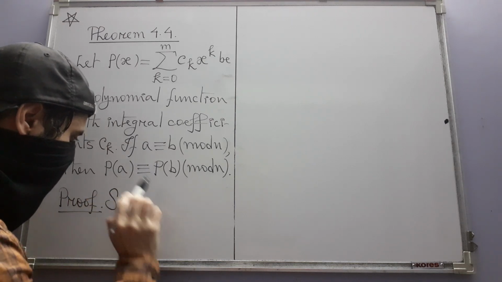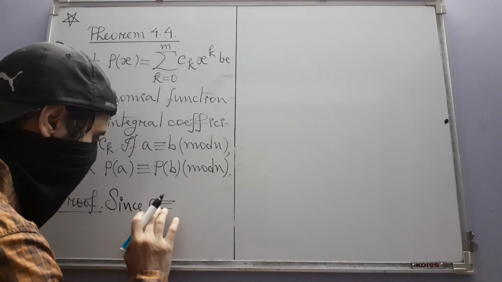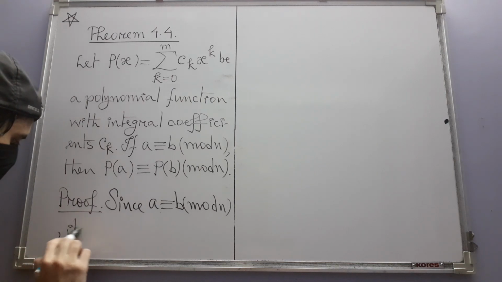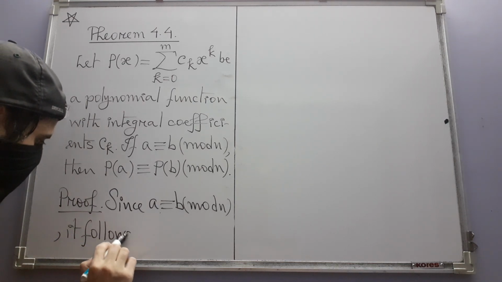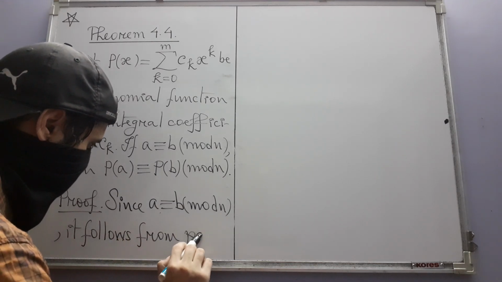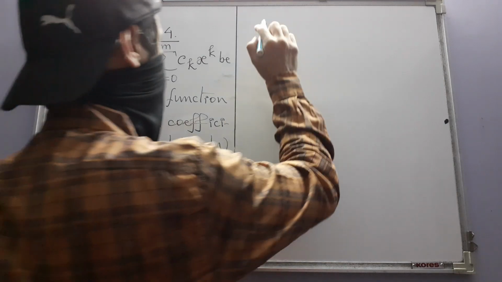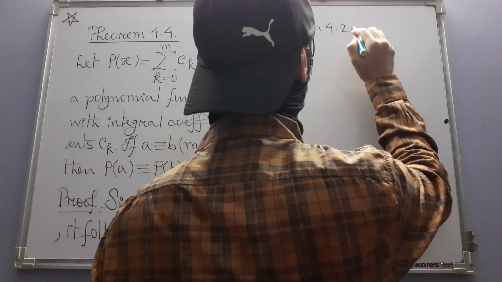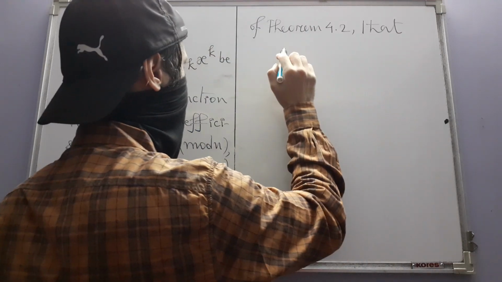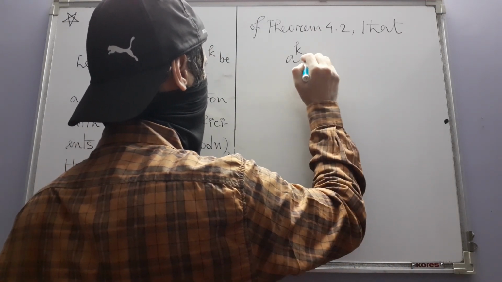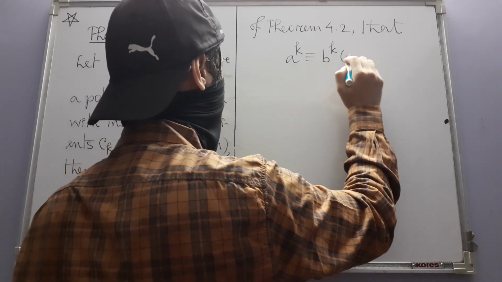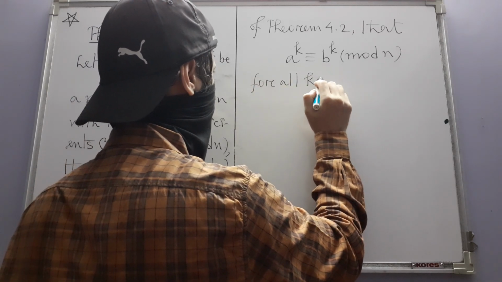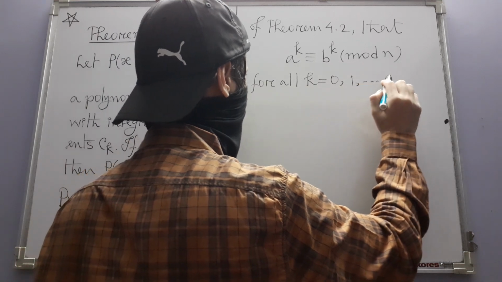Since a is congruent to b mod n, it follows from part F of theorem 4.2 that a to the power k is congruent to b to the power k mod n for all of these values of k.